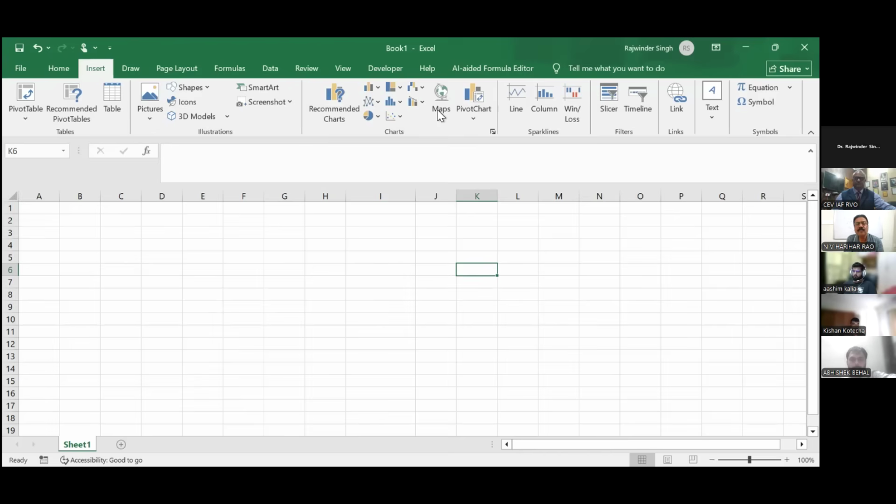You will be having a dialog box. Sir, Excel is not working. Oh, sorry. Just hold on. See here, in the menu bar, formula is there. It is not working. I think you have to share it again.